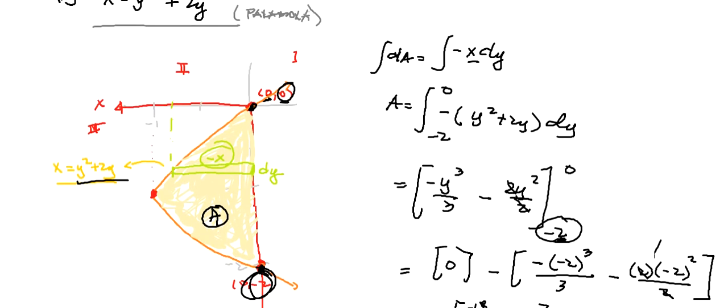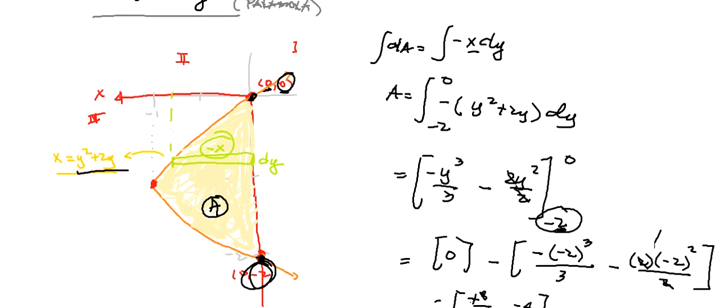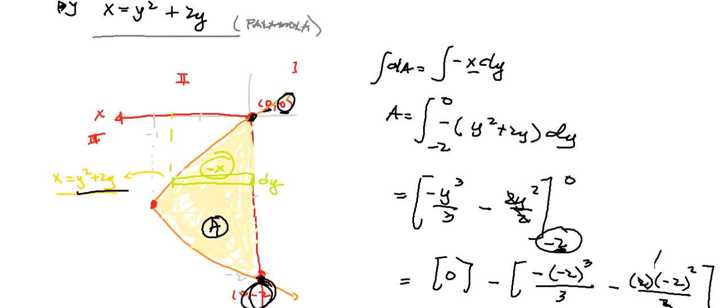Okay, so let us review. We need to find the area in the third quadrant. Our boundary is the negative x-axis and negative y-axis here, and the parabola given by the equation x is equal to y squared plus 2y. So we need to graph the parabola. Instead of taking many points like what we did before, we try to locate its vertex and then the intersection points along the x and y axis.